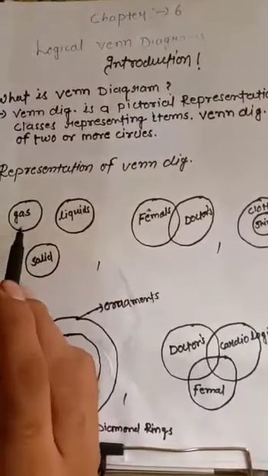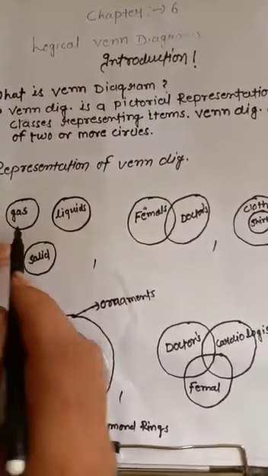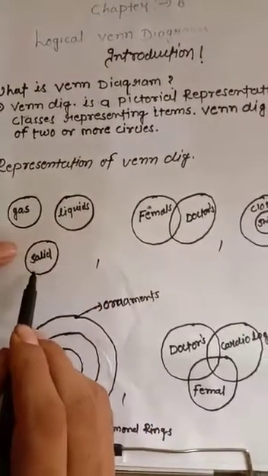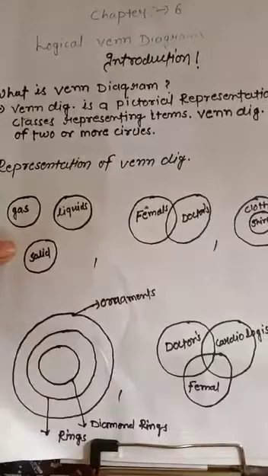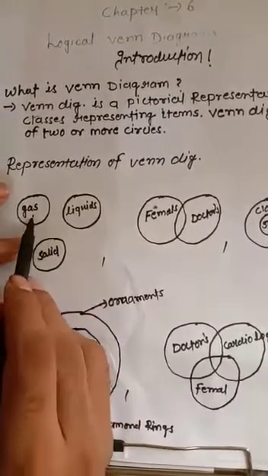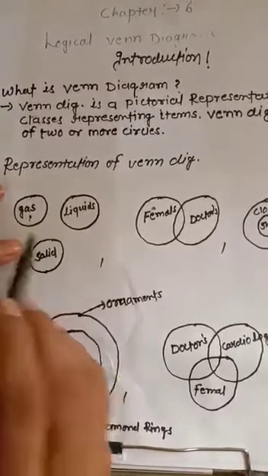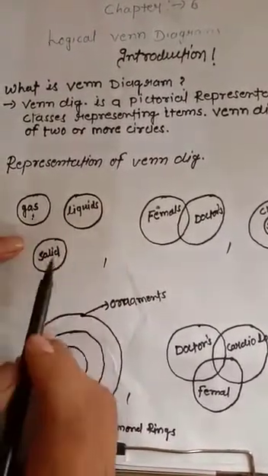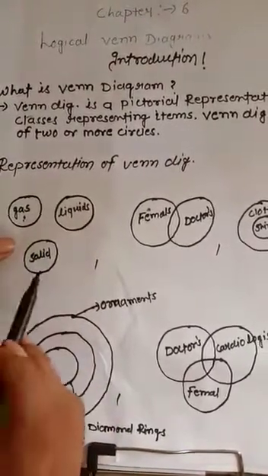Gases are a different kind of format. Similarly, liquid is a different kind of format, and solid is also a different kind of format. So we can say that gas, liquid, and solid don't have any relationship. That's why we represent gas, liquid and solid in different circles.